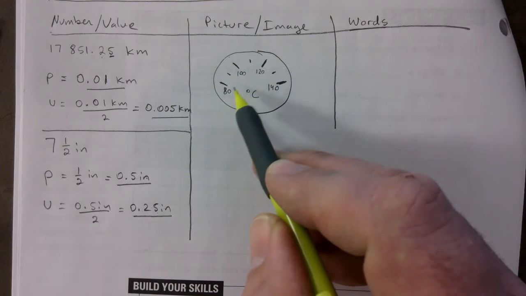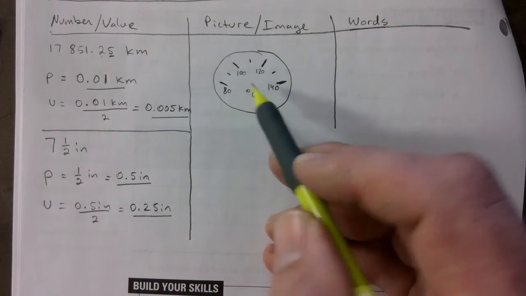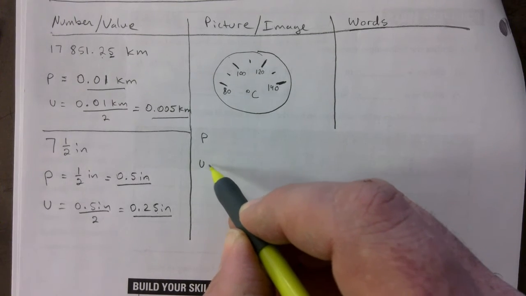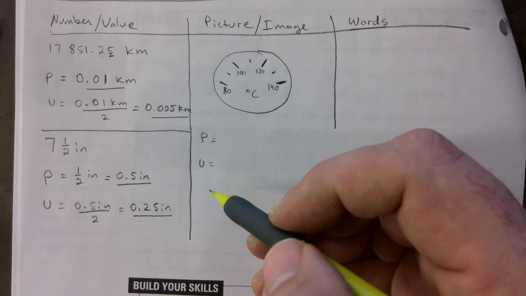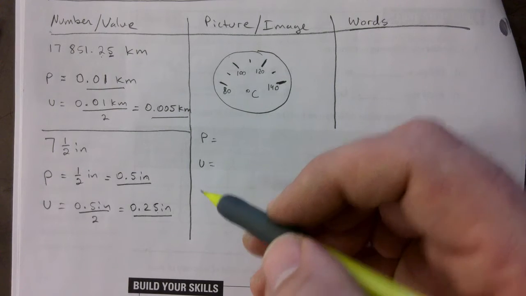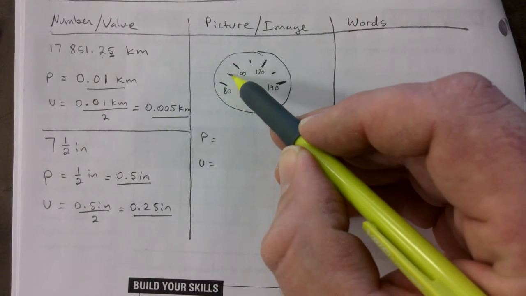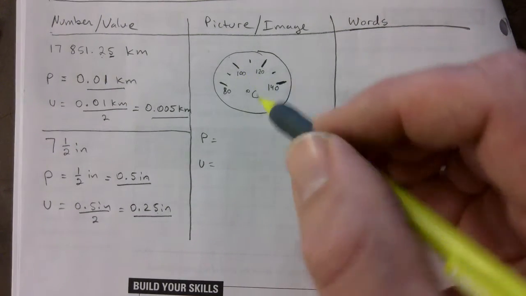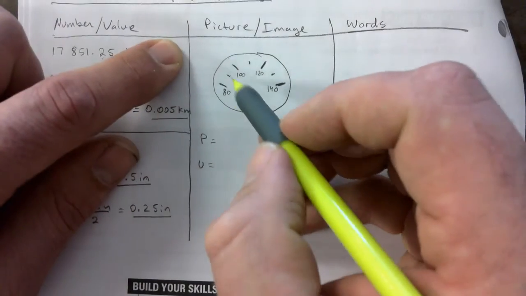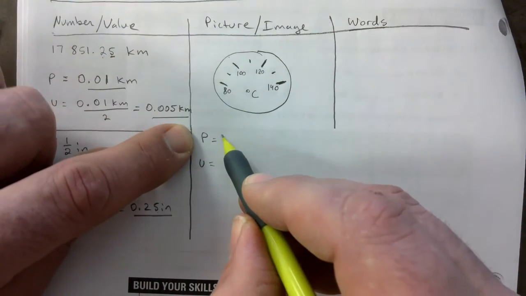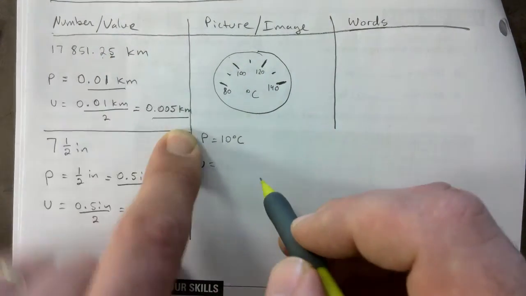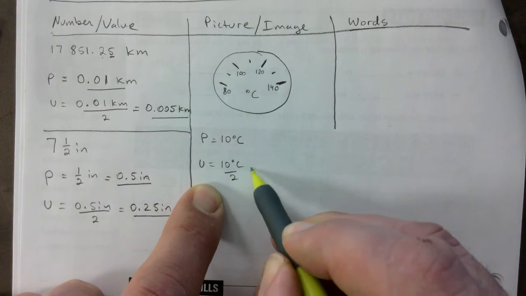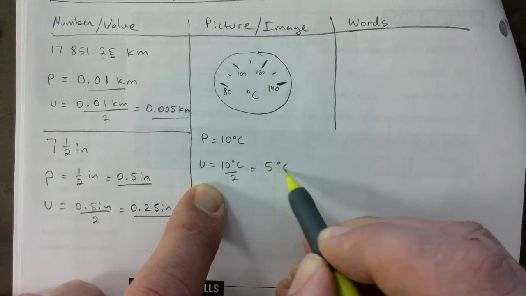So this gauge right here is going up by, what is this going up by? It looks like it's 20, but it's actually going up by 10. The smallest increment, if you look at it, this would be 10 and another 10 to get you to 100. So what you need to write down here, the precision is 10 degrees Celsius, and the uncertainty would be half of that, which is 5 degrees Celsius.